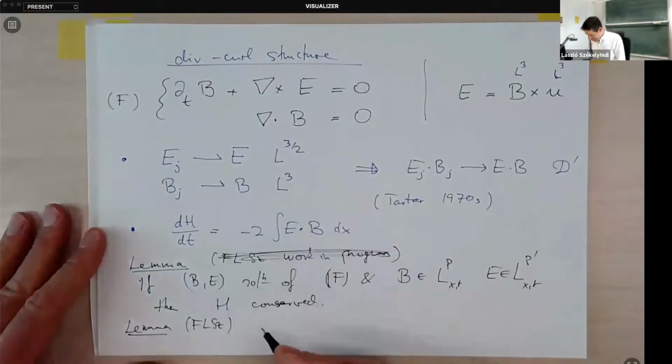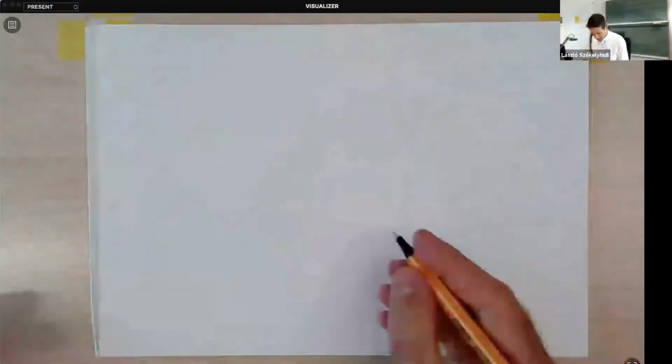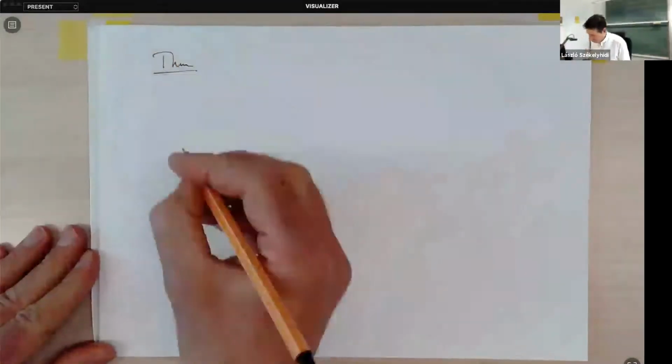I need to clean the board. So let me call it actually a theorem.